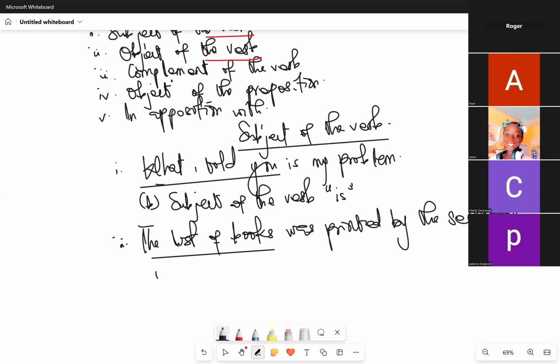So, what is the grammatical function? Any of you can try. Subject of the verb was.